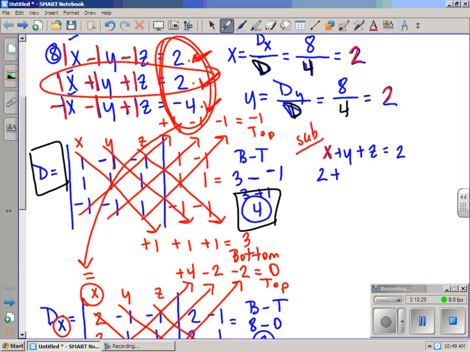We also know that y is 2, so we're going to put 2 in for y. Clean it up. 2 plus 2 is 4. Letters left, numbers right. Subtract 4 from both sides. And we get z to be -2.